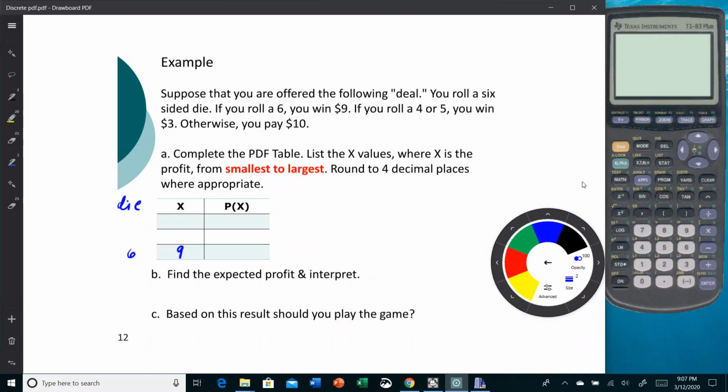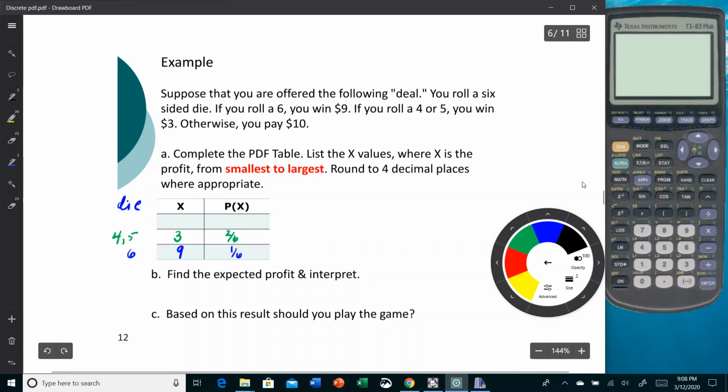And the probability that that happens while rolling a 6-sided die would be 1 in 6. But then, alternatively, if you roll a 4 or a 5, then you win $3, and the probability of that happening is 2 out of 6.